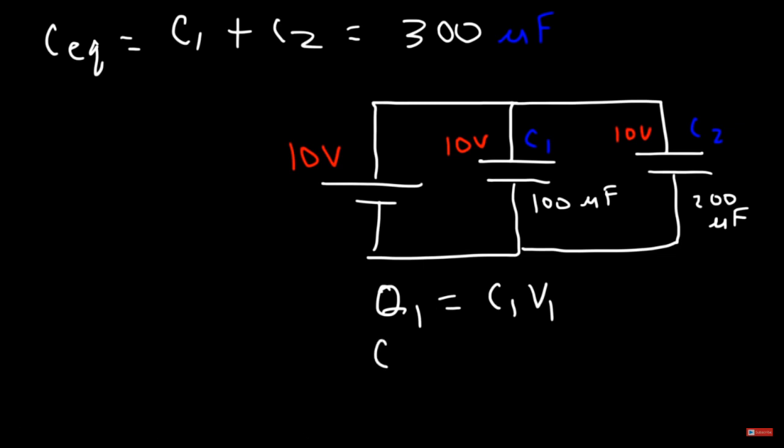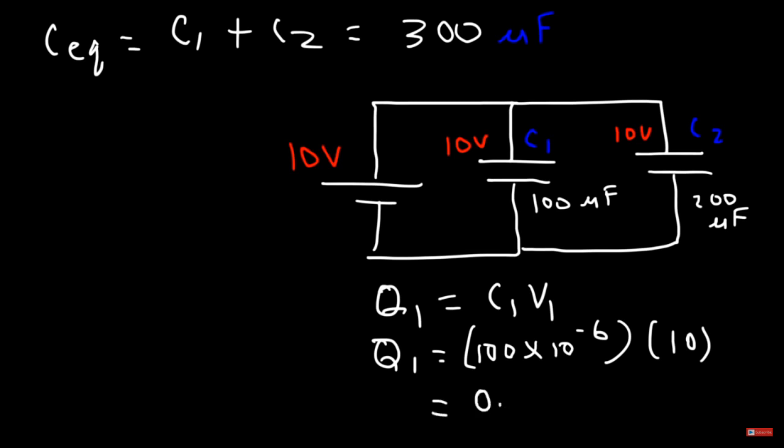So now we can calculate Q1. So it's going to be C1, which is 100 microfarads, or 100 times 10 to the minus 6, and V1 is just 10. So Q1 is about 0.001 coulombs. That's the unit of electric charge.